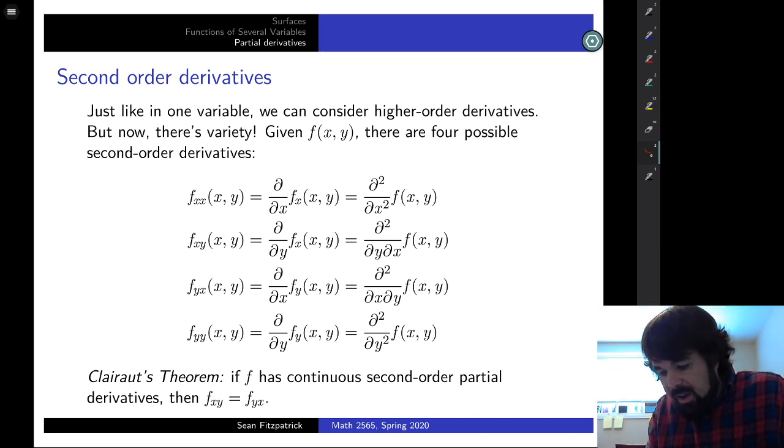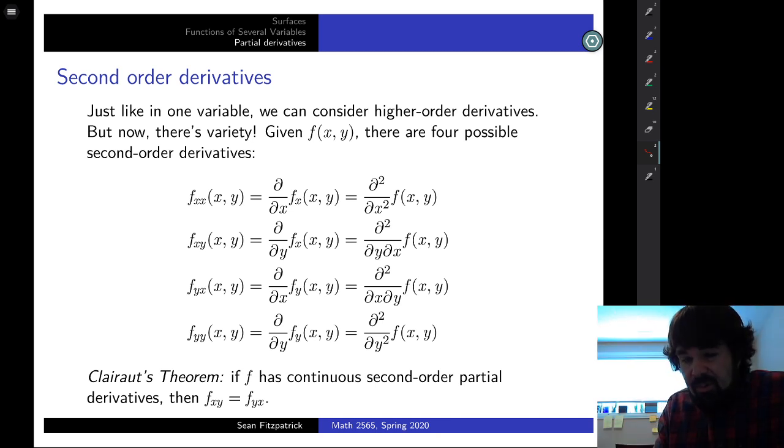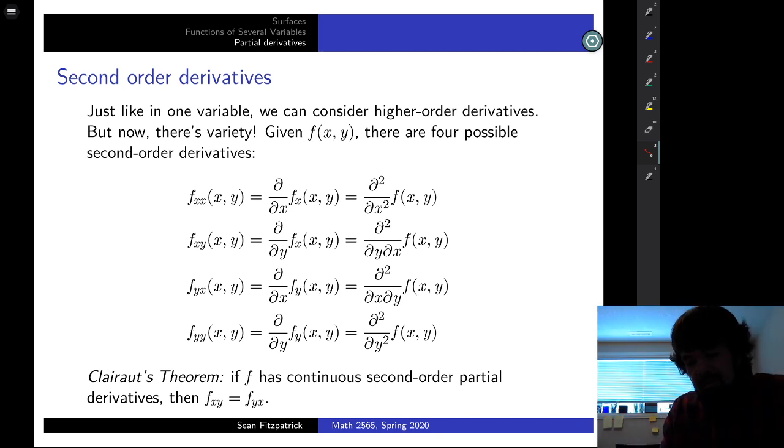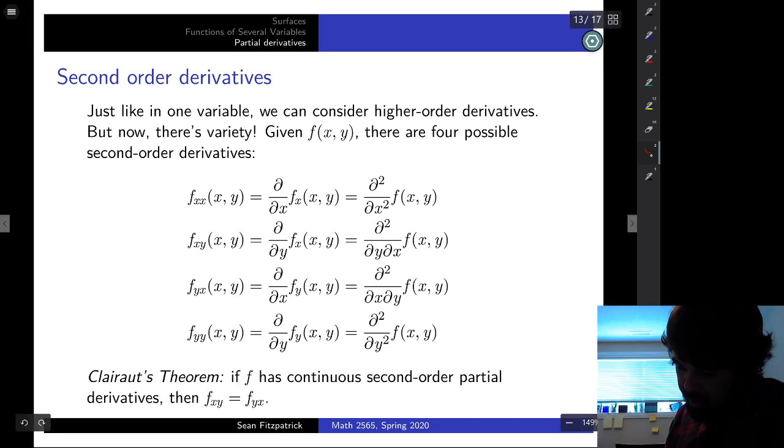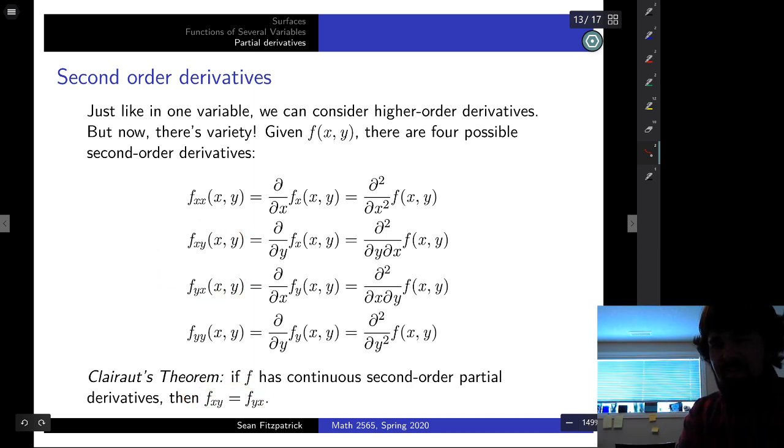Now you get 4. If you're doing 3 variables, there are 9 different second order partials that you can consider, right? Because you can do xx, xy, xz, yz, zy, yy. There's lots of possibilities there, right? But usually it's not quite as many as you think, because almost always those mixed derivatives, these ones in the middle, they usually come out to be the same.